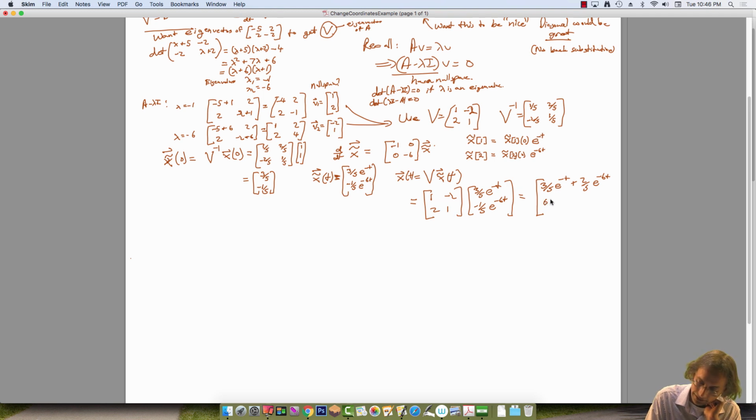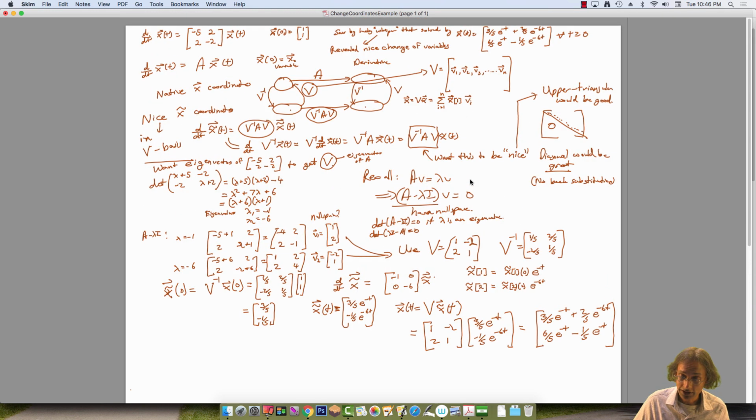We get 6/5 e to the minus t minus 1/5 e to the minus 6t. So we've managed to solve it, this time without getting any magical hints. Notice this agrees with what we got using the magical hint. So the two give us the same answer, which is the right answer.